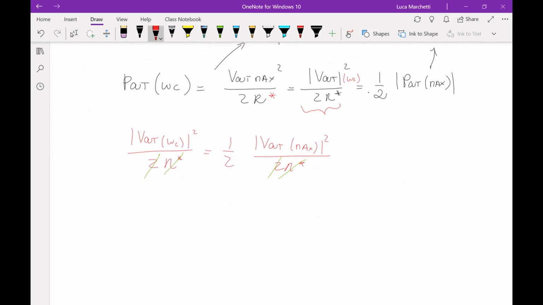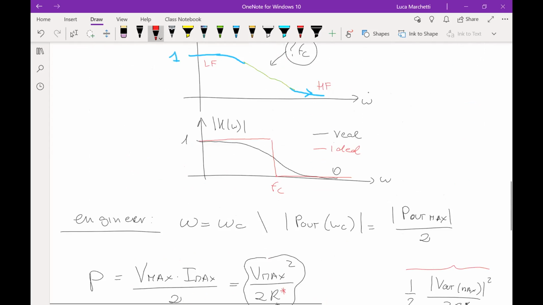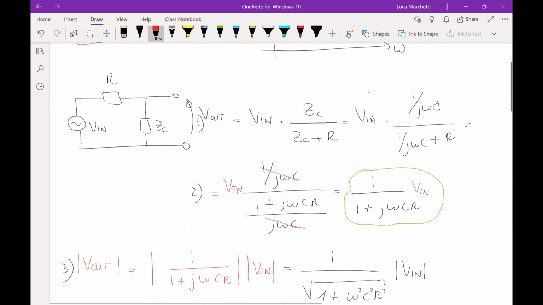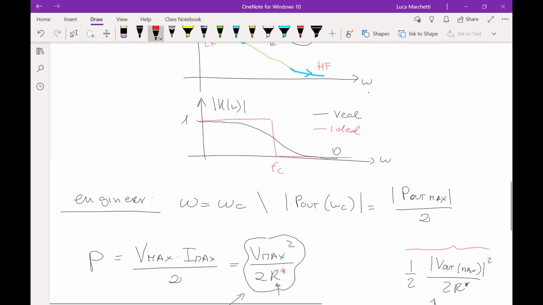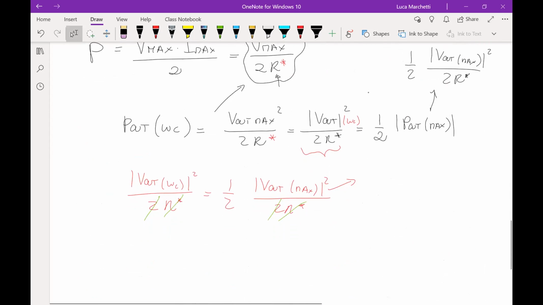And remember, what is the value of V out maximum, the magnitude? If you remember before, V out maximum is practically equal to V in, because we know that the output is maximum at low frequency for this low pass filter, and at low frequency the output amplitude is equal to the input amplitude.